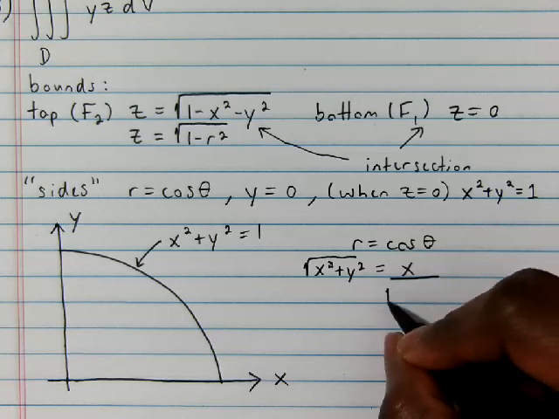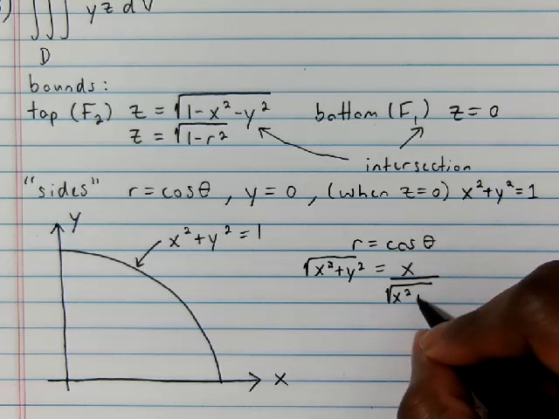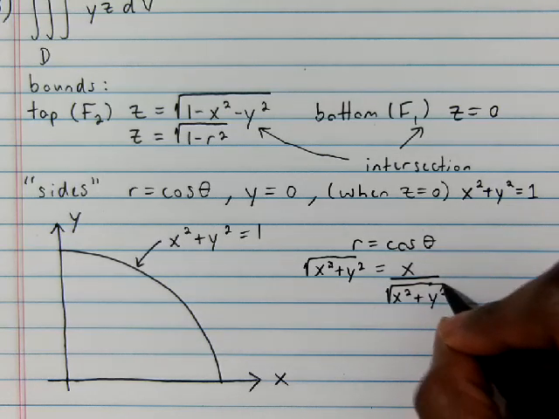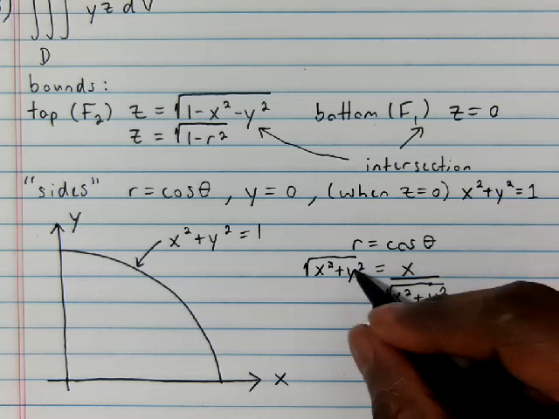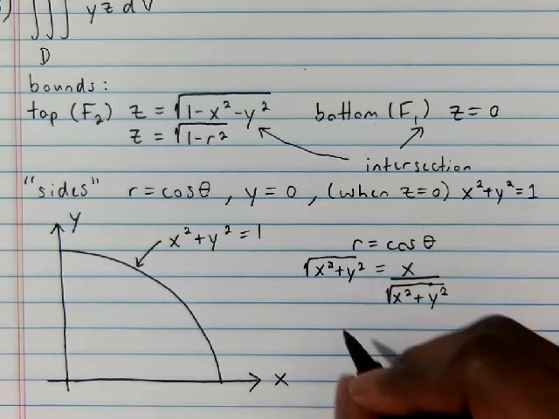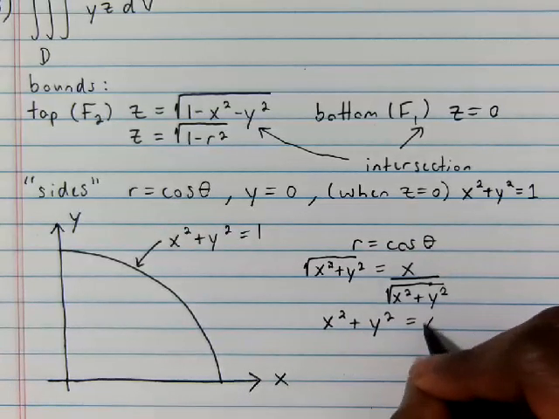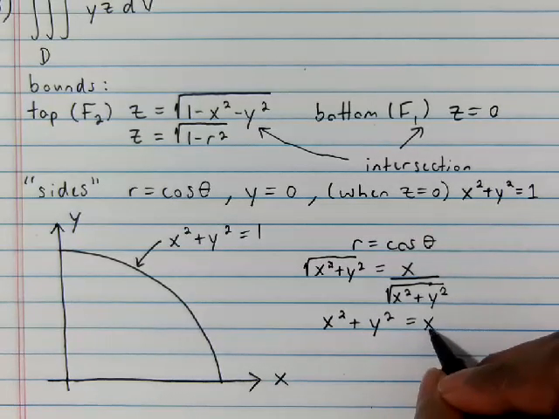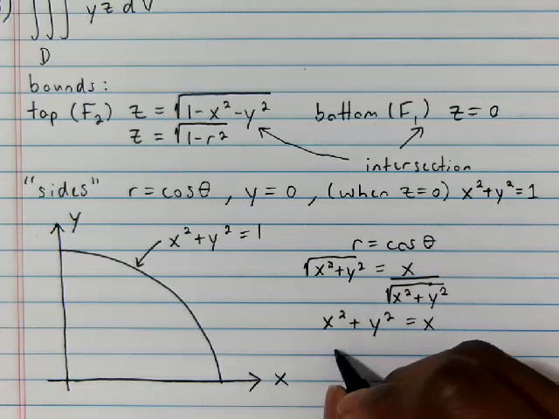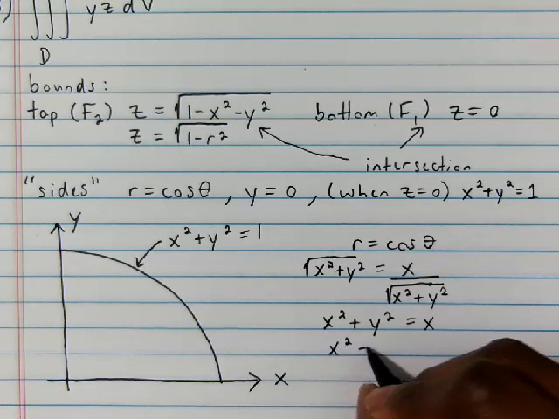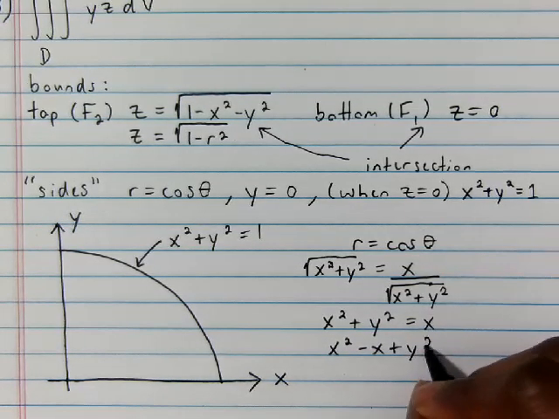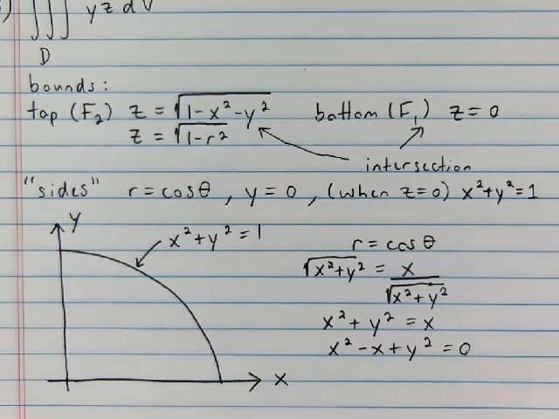Multiply both sides by the square root of x squared plus y squared. We get x squared plus y squared equals x. Take this x, move it over to the left: x squared minus x plus y squared equals 0.